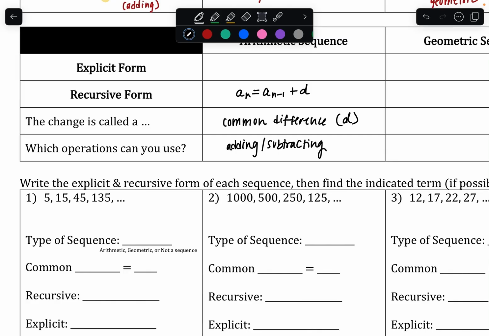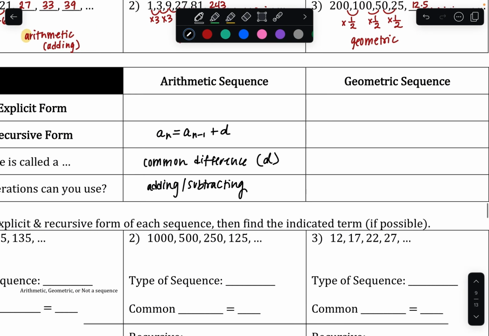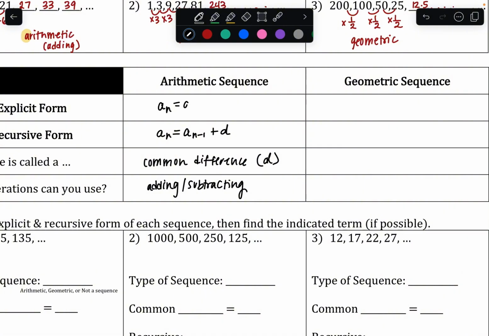And so technically we could just say adding here. And then for the explicit form, which is a little more useful if you need like the 100th term, you just start with the first term and you add that common difference n minus 1 more times, because you're starting at A1. If you were trying to get to say the 10th term, you would just be adding D 9 more times to get to that 10th spot.